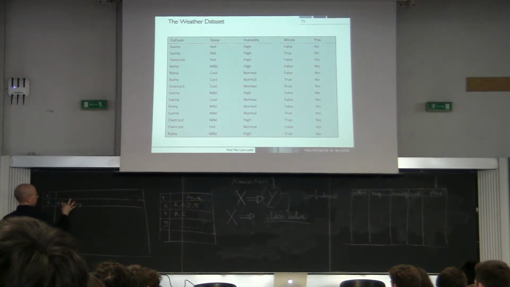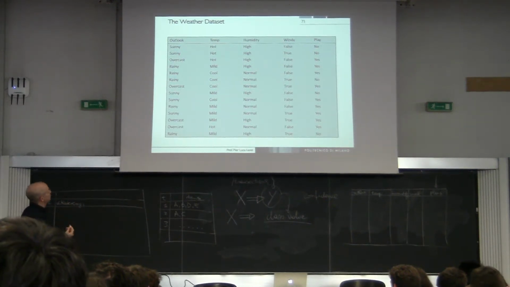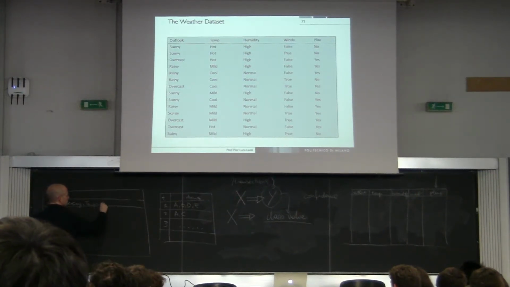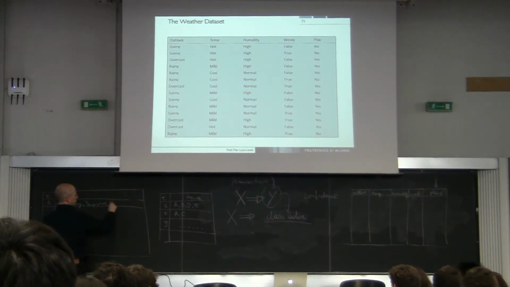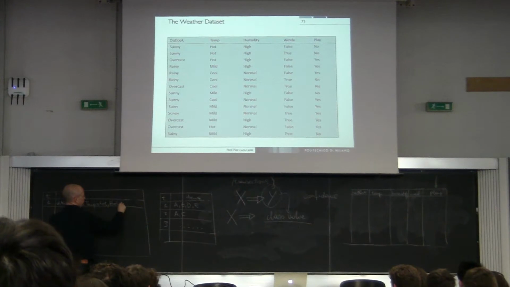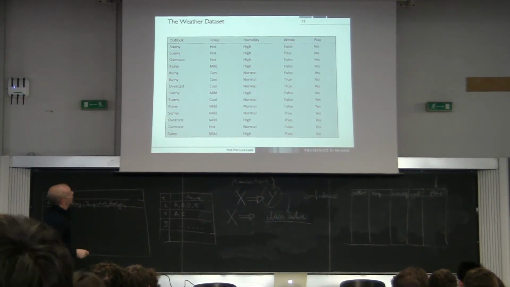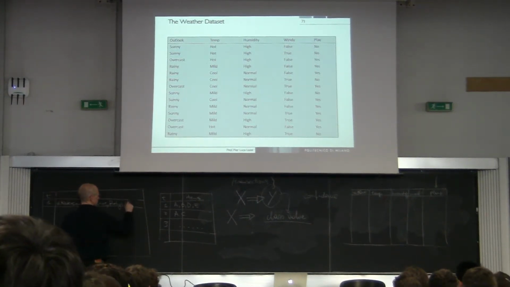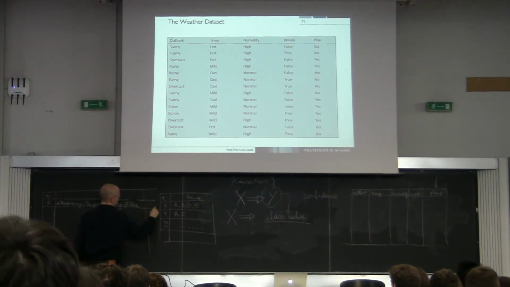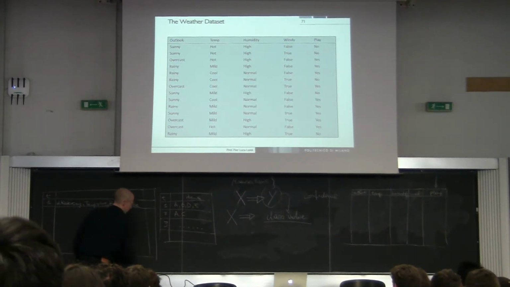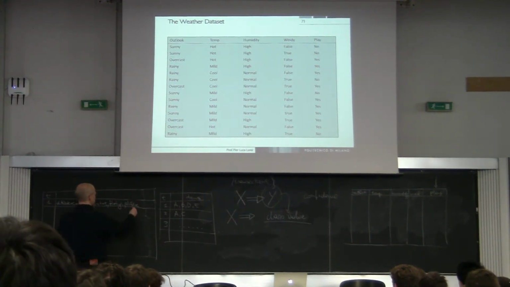It becomes one atomic item, comma. And then my second item is temp is equal to hot. Then the next one is humidity, I just put H is equal to high. And then you have wind is equal to false. And then the other part is, for instance, place equal to no.